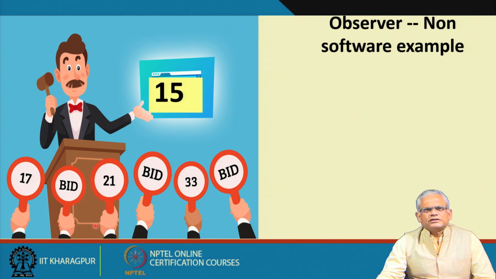And they cannot see each other, and the model here is the state of the bid. The person bidding observes the maximum price is 33 and then updates it to 33, and as soon as the 33 is updated here, then everybody is able to see 33.